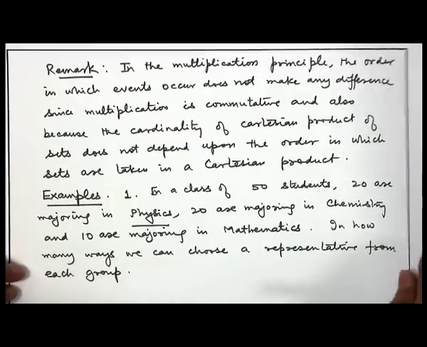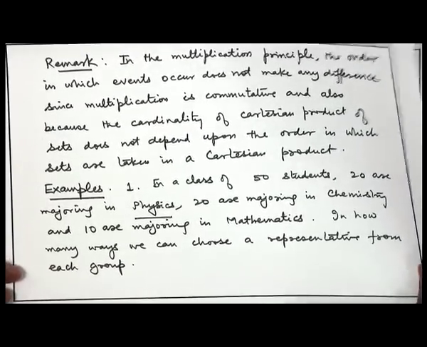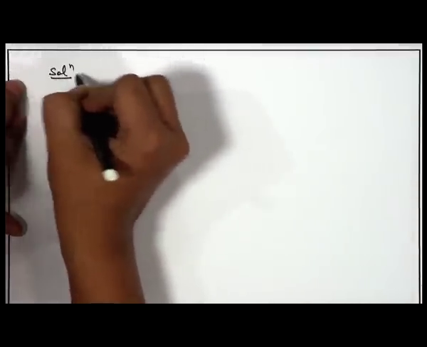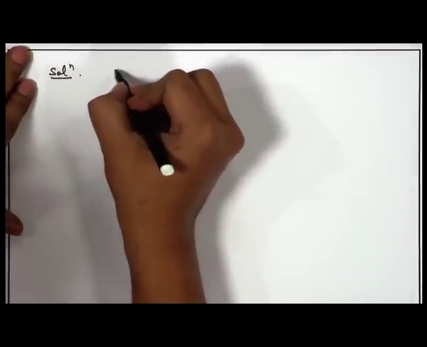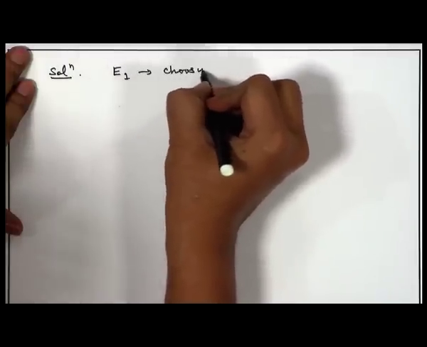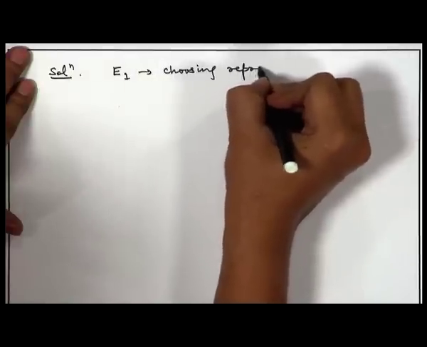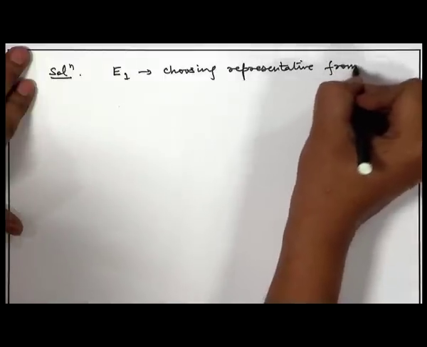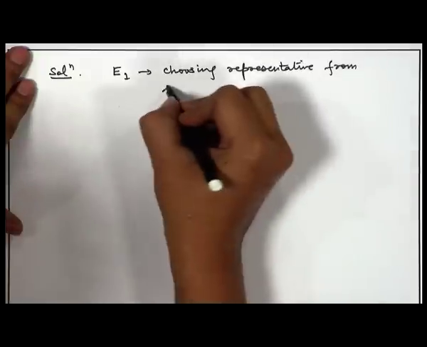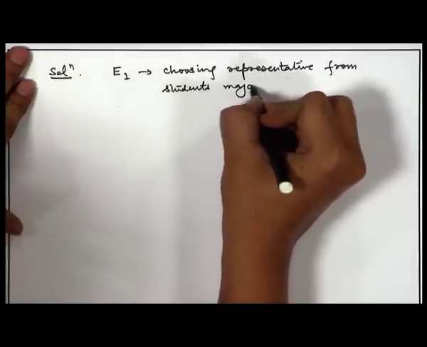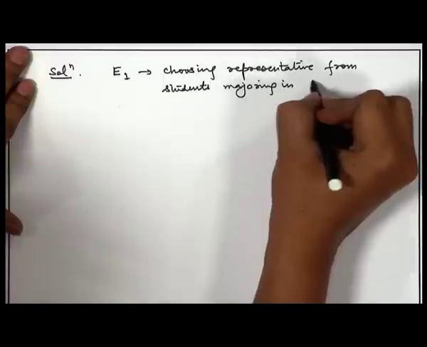Let me give you a systematic presentation here. Let us consider E1, choosing a representative from students majoring in physics.